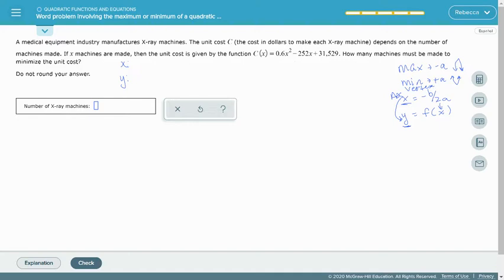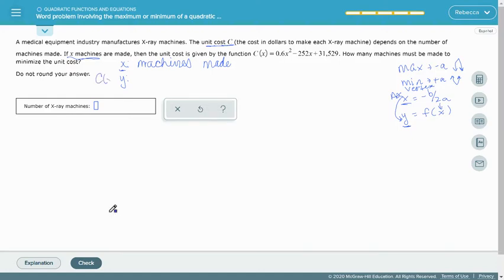So we start dissecting. We're looking for x, and x is machines made. Then our unit cost, that's what C is, is like our y value.